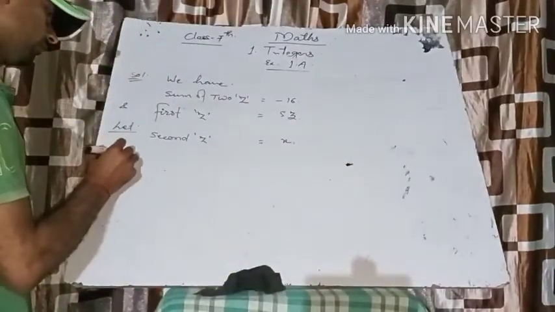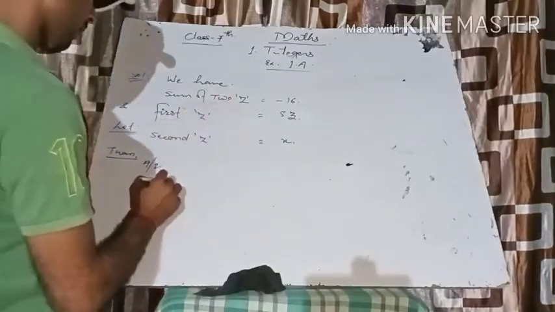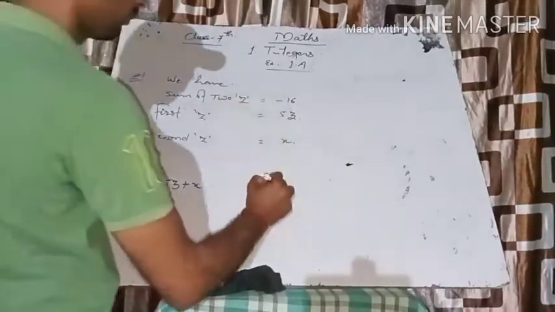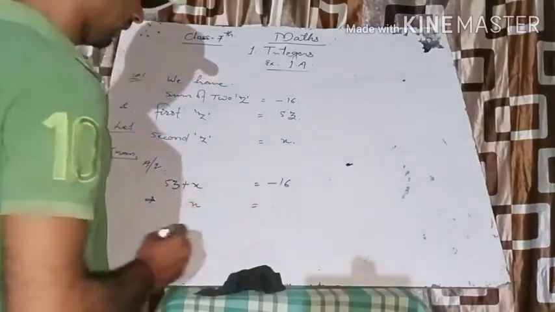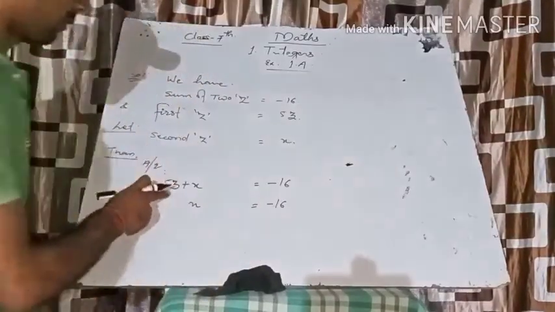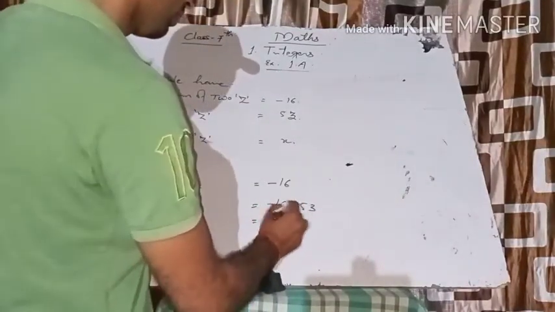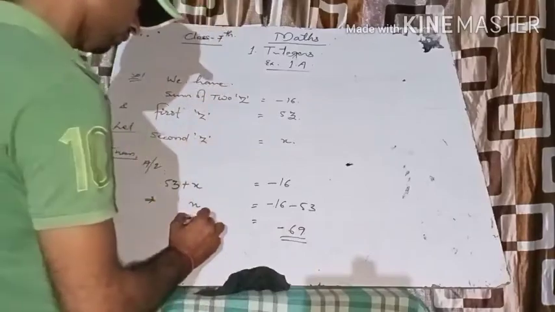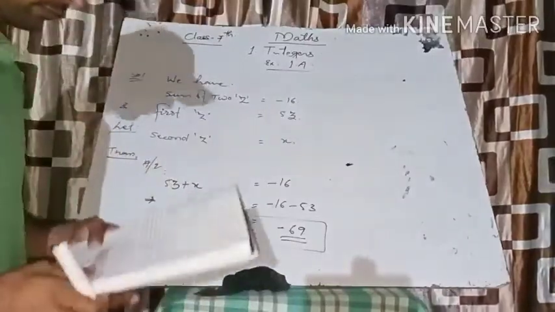Then according to the question, 53 plus x equal to minus 16. Now here we have to find the value of x, so we write x equal to minus 16 minus 53. Whenever you transfer this 53 to the other side, it comes with the negative sign. So with the negative sign, it is 69. So the second integer is minus 69. Okay, got it?